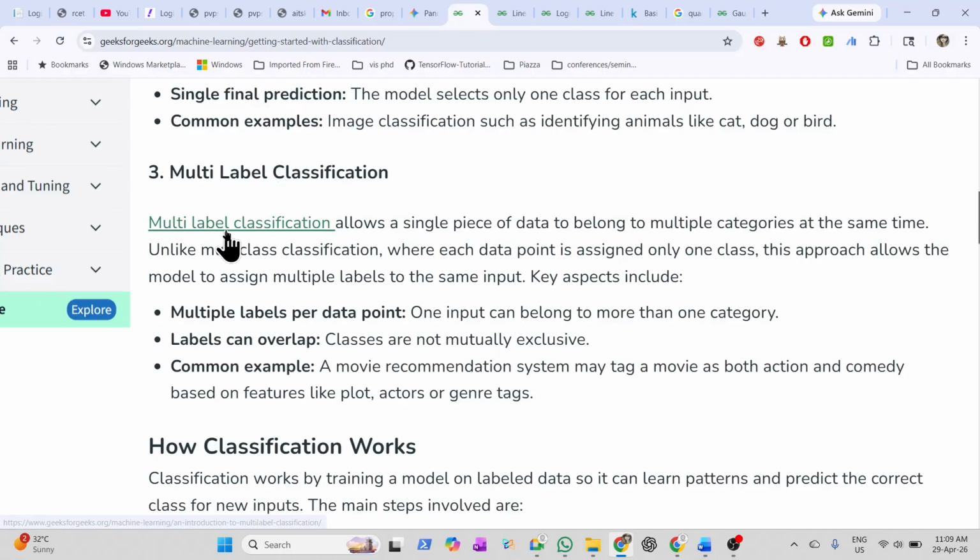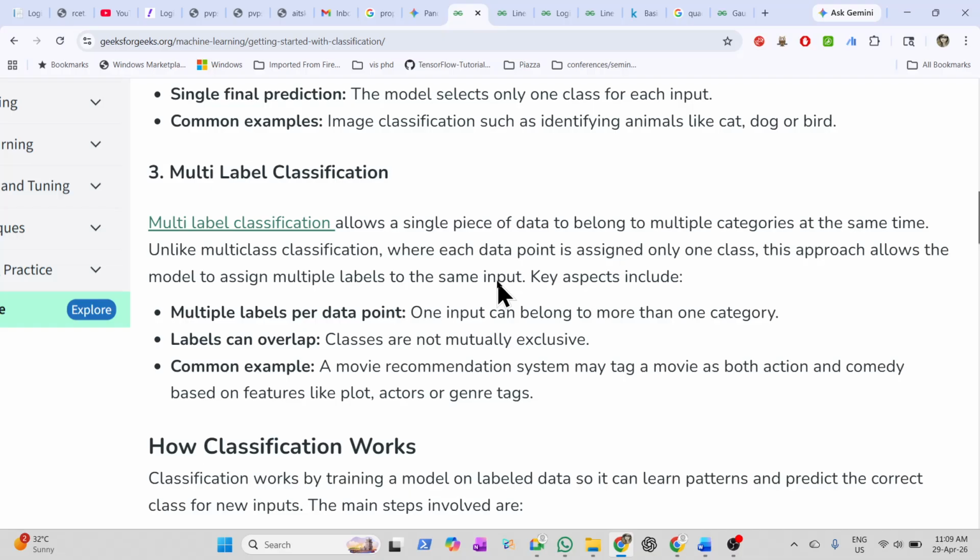Multi-label, what it is saying is that it allows a single piece of data to belong to multiple categories at the same time. Unlike multi-class classification where each point is assigned only one class, this approach allows the model to assign multiple labels at the same time.